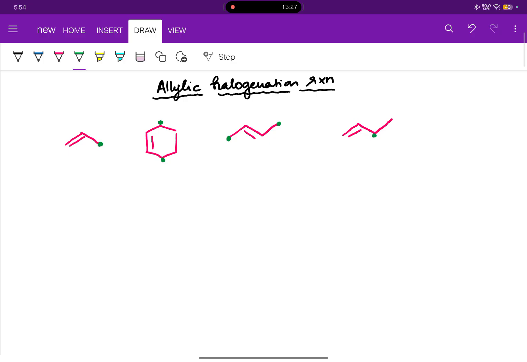So what do you mean by an allylic carbon? Please make a note. An allylic carbon is nothing but an sp3 carbon attached to an sp2 carbon. So this sp3 carbon is called the allylic carbon.